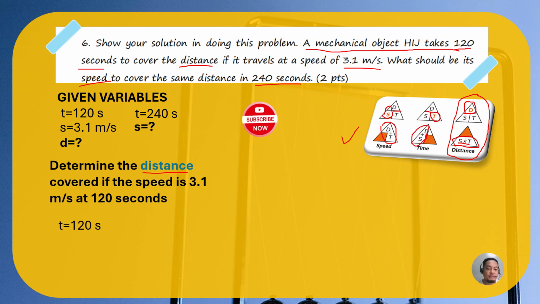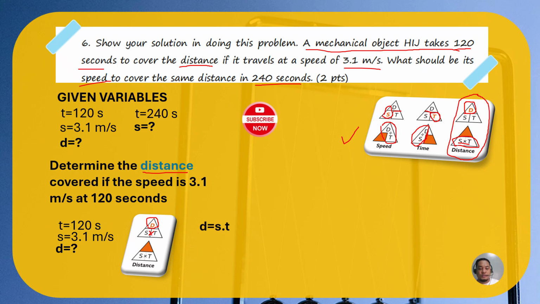That's very easy. So our given is 120 seconds, 3.1 meters per second, and then we will determine the distance using this formula. Distance is equal to speed multiplied by the time. We will substitute the units, 3.1 meters per second, and then 120 seconds for the time.